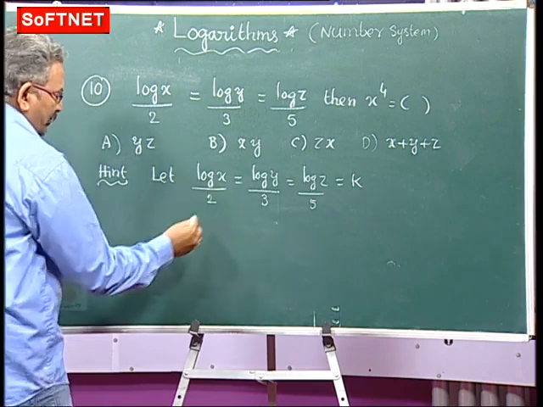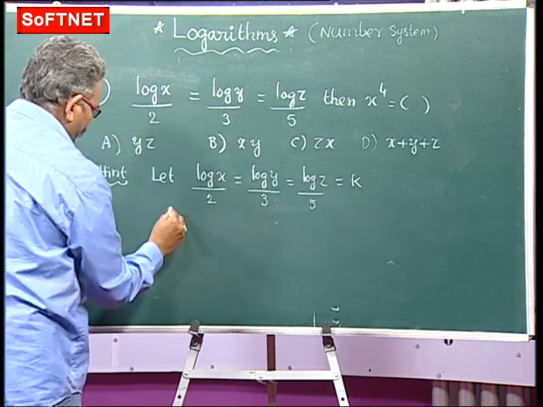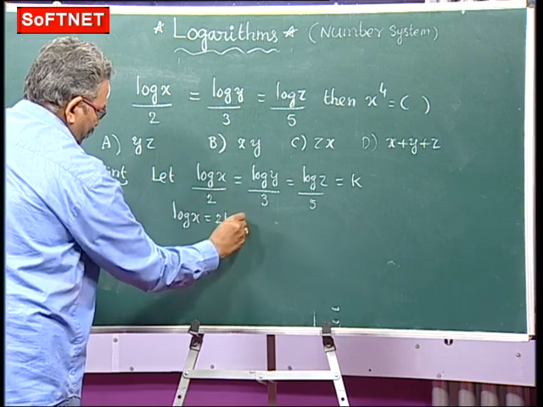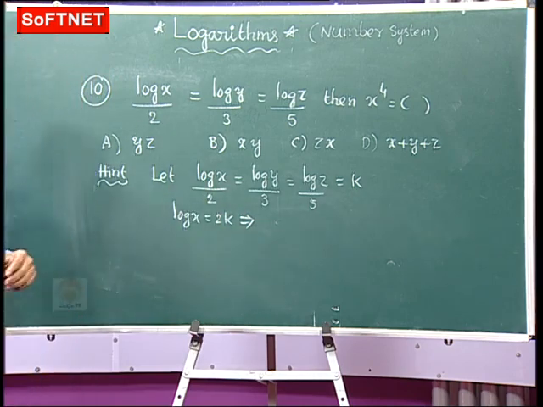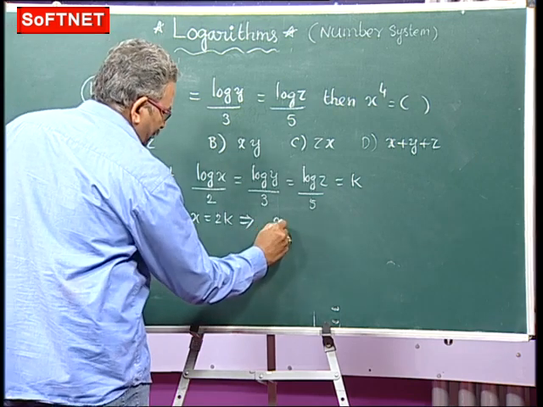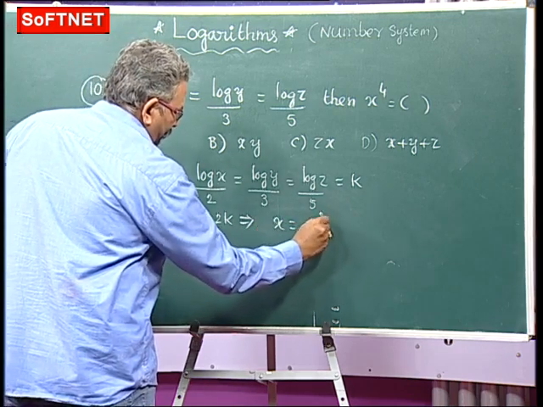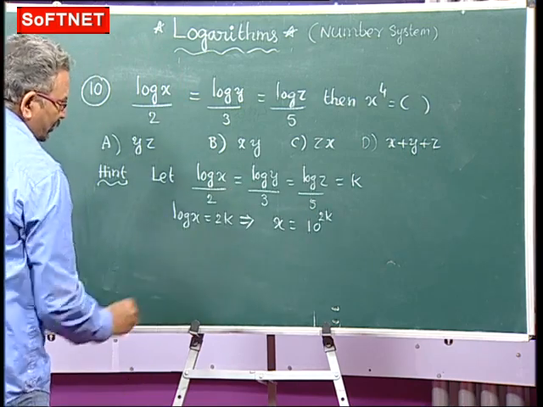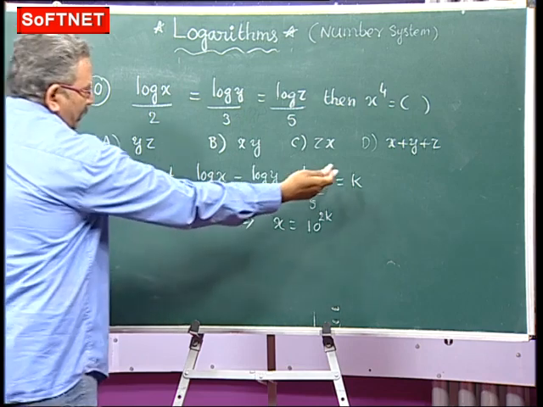Now, log x becomes 2k. Suppose this is a common logarithm whose base is 10. So, x can be written 10 power 2k. In the similar fashion, log y is equal to 3k.